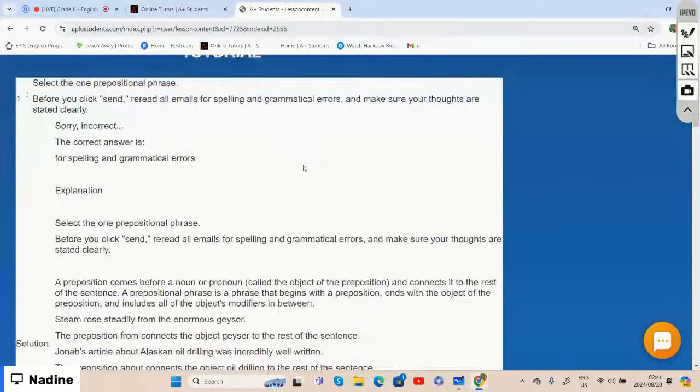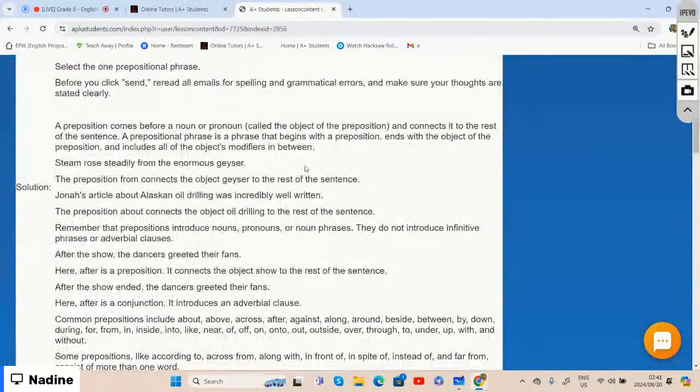So you need to remember that prepositions introduce nouns, pronouns, and noun phrases. They do not introduce infinitive phrases or adverbial phrases.